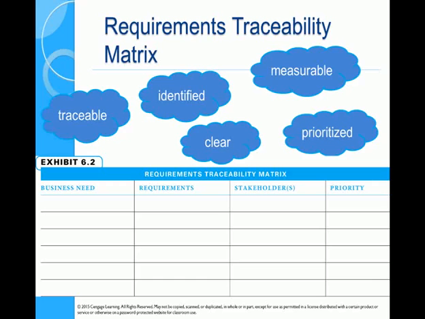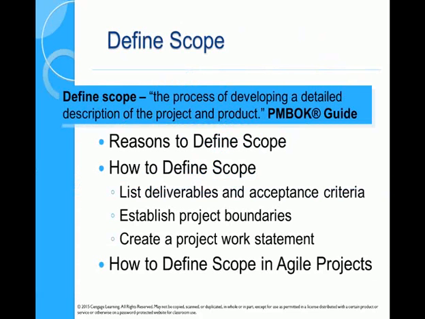Because if you remember the triangle from the first lecture, there will be a trade-off between scope, cost and time. And if we need to limit our scope, then this traceability matrix tells us what features are nice to haves and what features are essential. We use those priorities to rank the attributes or the features of the product that we're looking for.